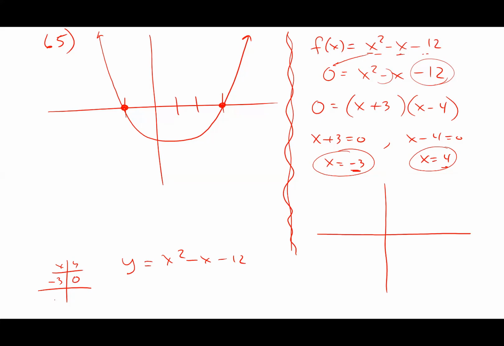Thank you. If I plug in a 4, what would be the y value? 0. So I'm looking at 1, 2, 3, that dot right there, and 1, 2, 3, 4, that dot here. We good?